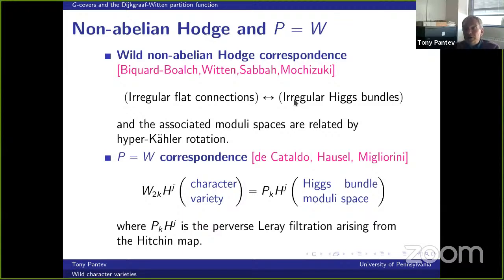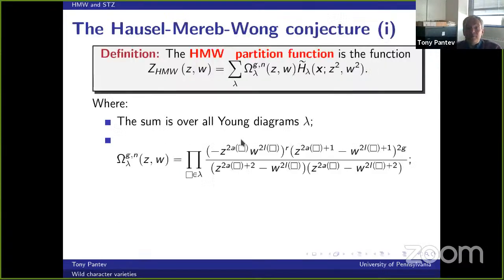And that filtration gives you a filtration on the cohomology of the total space. And the P equals W conjecture says that the weight graded pieces, or the steps in the weight filtration, are the same as the steps in the perverse Leray filtration. And so we would like to compute the perverse Leray polynomial for the moduli of Higgs bundles.